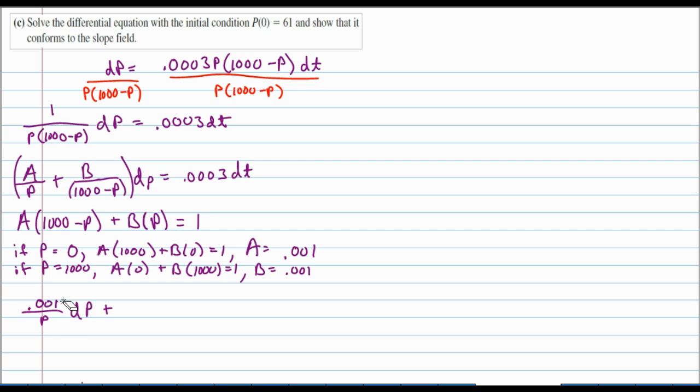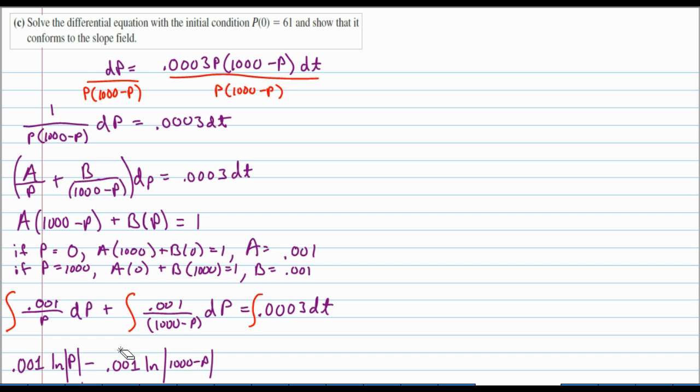So I'm going to plug those in. So I get 0.001 over P dP, and then plus 0.001 over (1,000 minus P) dP, and then equals our right side that didn't change. So I can integrate all of those separately. So now I have P in the denominator, which means I have the integral of 0.001 as the coefficient, natural log of the absolute value of P. And then I can continue that pattern.